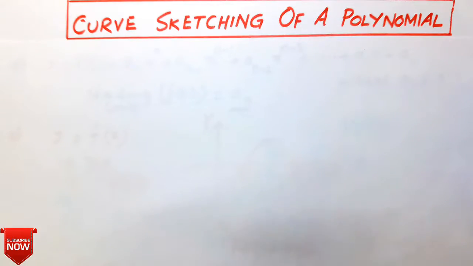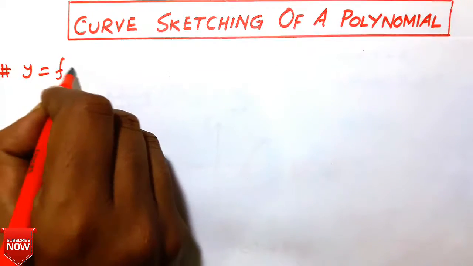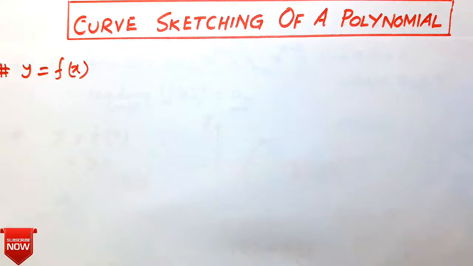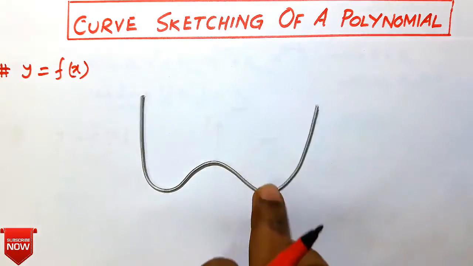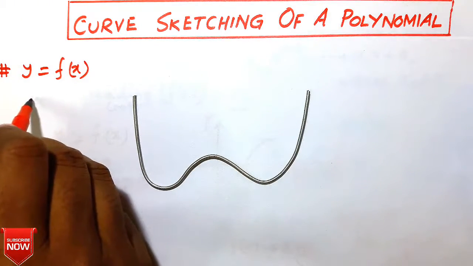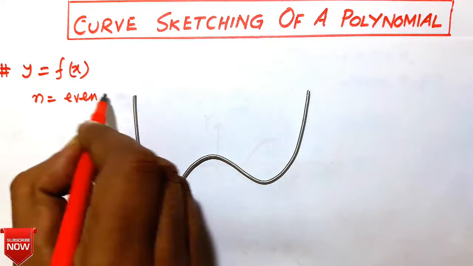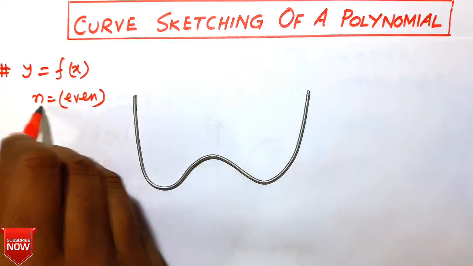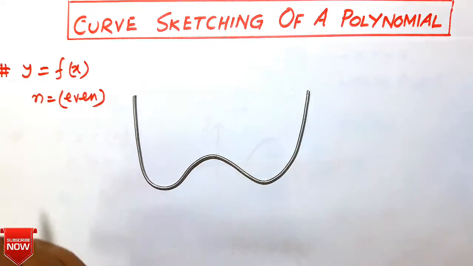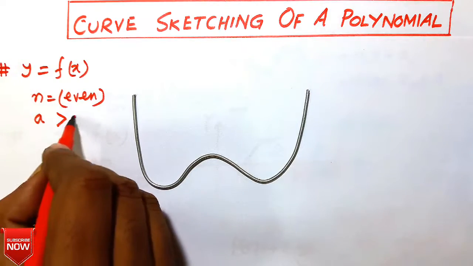Friends, let us consider another curve, say y is equal to fx, and here we consider the curve is of this form, where the degree of this polynomial is even, n is even, and the leading coefficient, that is a, is greater than 0.